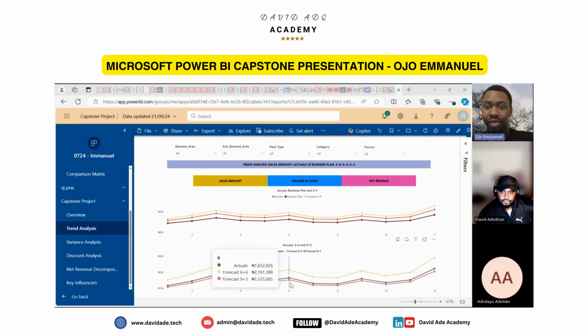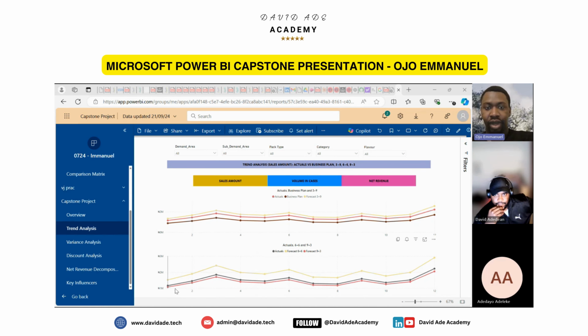The only significant times where we had a drop in sales were in the fourth month, the 7th month, the 8th month, and the 10th month. But in other months, there's always been an increase in the focus 6+6. If you look at the actuals, there's been more increases compared to decreases.